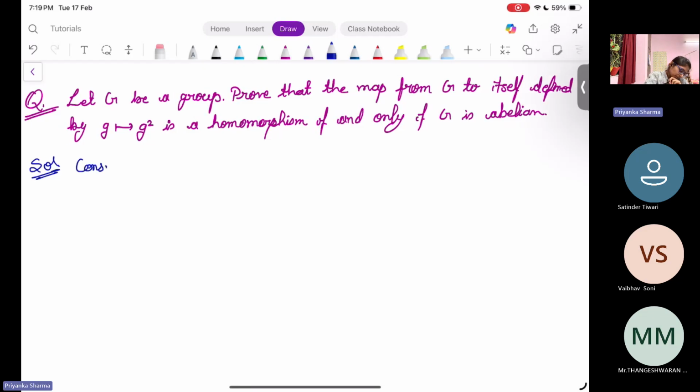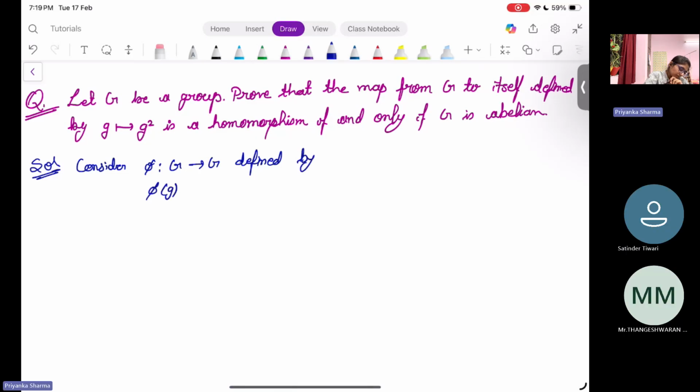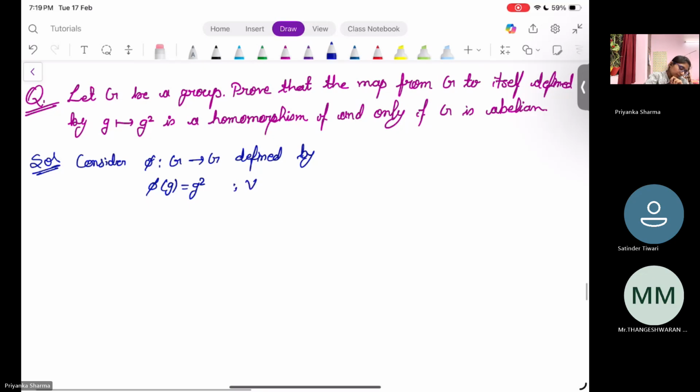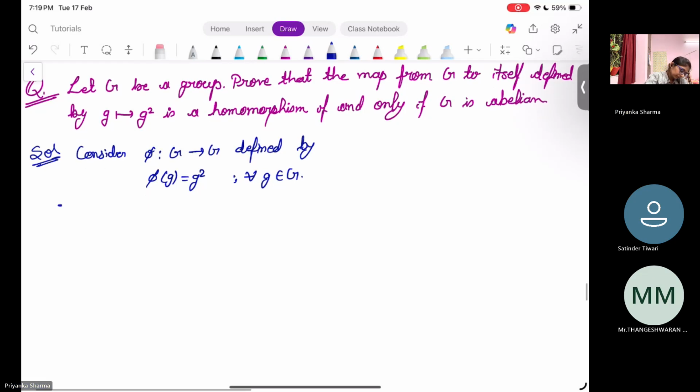So consider the function to be phi, phi from G to G defined by phi of g is g square for all g belongs to G. Then phi is a homomorphism if and only if G is abelian.